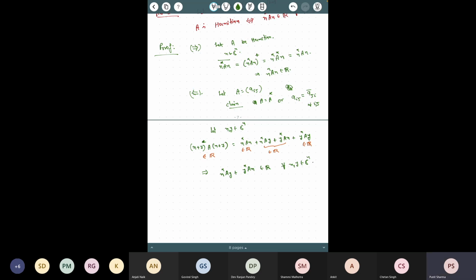This is important for us, because if I choose particular vectors x and y, I can show that Aij equals Aji bar.